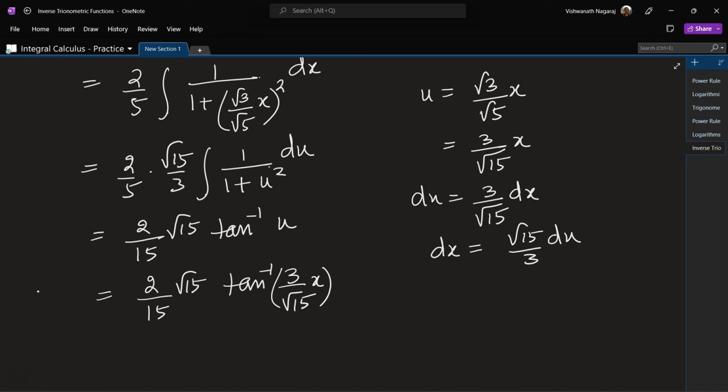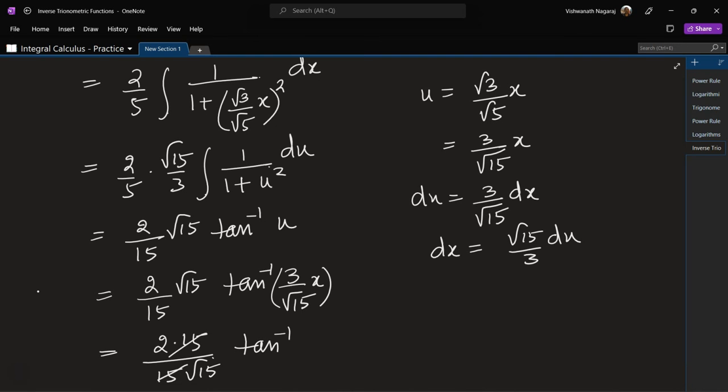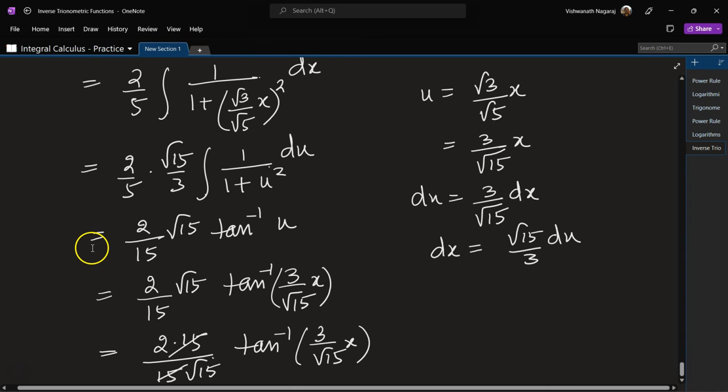So something similar we want here also. So let's rationalize it. So 15 by 15 root 15. So 15 cancels. We have tan inverse of 3 by root 15 x.